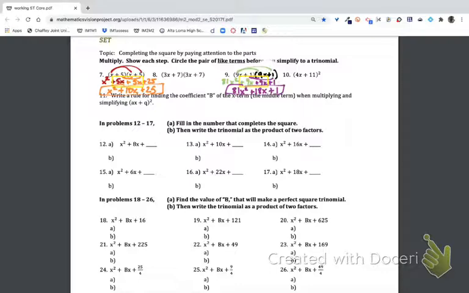Because ax plus q squared is really just ax plus q times ax plus q. And what you should be seeing is that you are taking 2 times a times q. I'm taking that a times q and I'm doubling it.